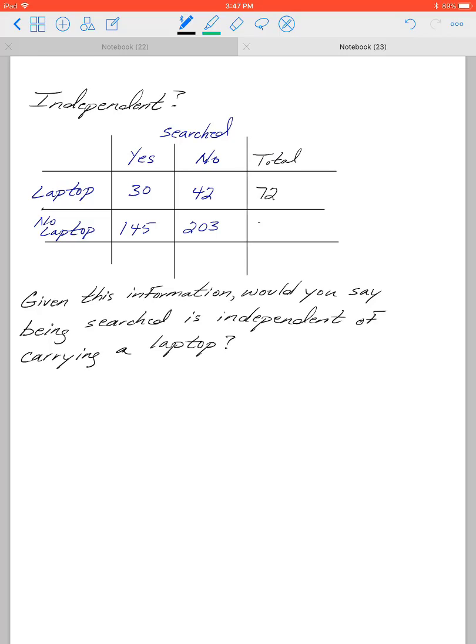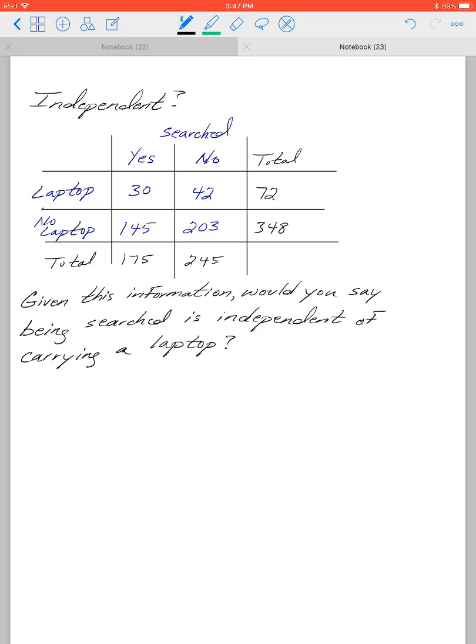What we can do is say, okay, if searching and carrying a laptop are independent, then one way for me to ask that would be: what's the probability that I'm searched in general, and is that the same as the probability of being searched given I was carrying a laptop?